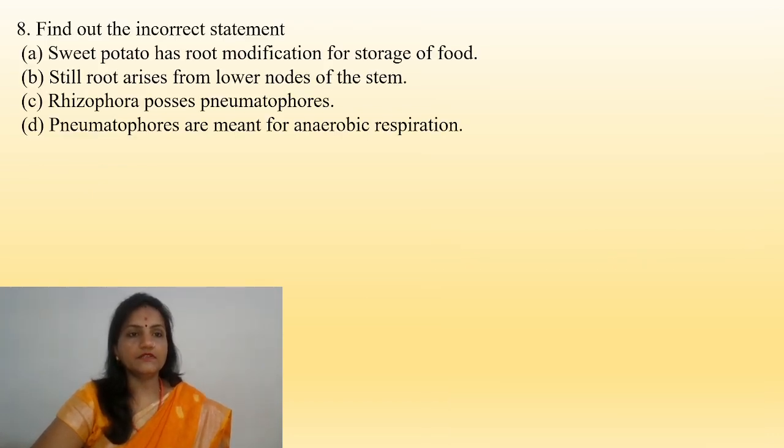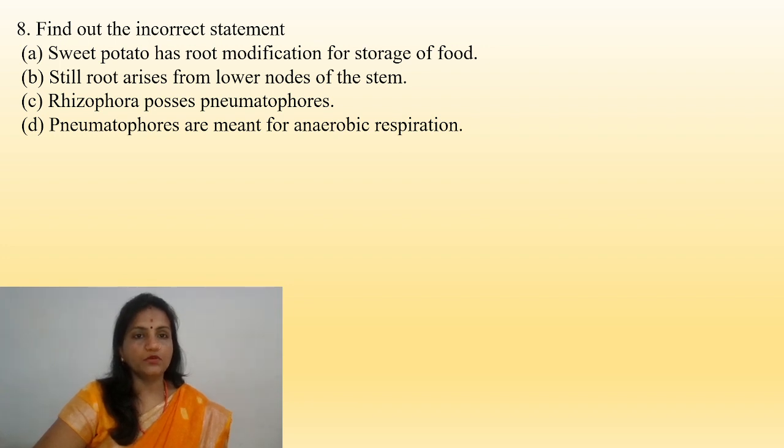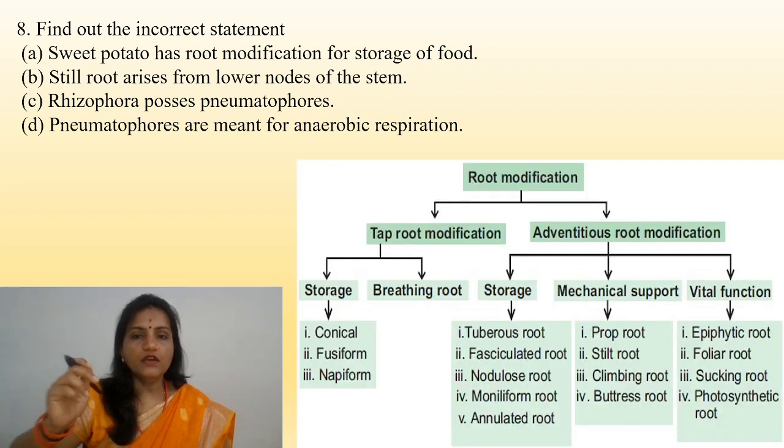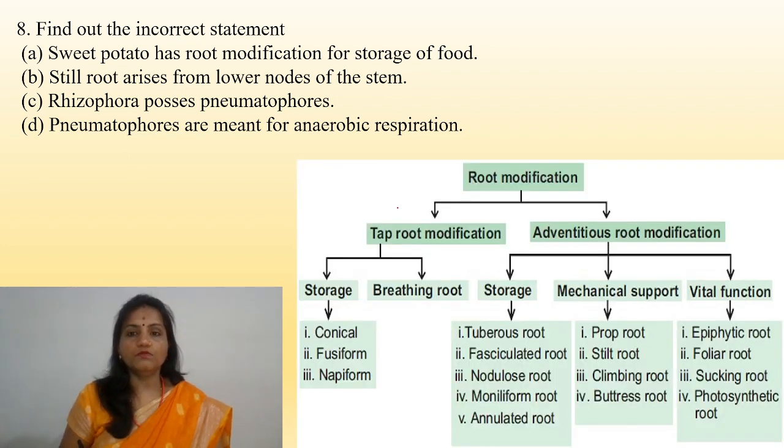Find out the correct statement. Sweet potato has root modification for storage of food. Stilt root arises from lower nodes of the stem. Rhizophora possess pneumatophores. Pneumatophores are meant for anaerobic respiration. Let's understand a little bit about root modification.